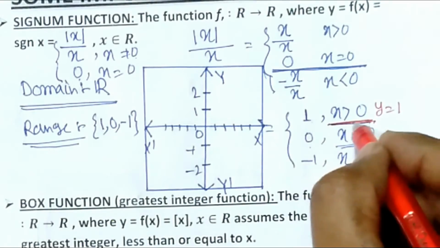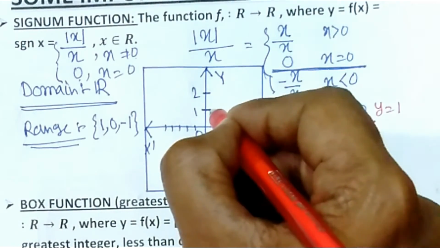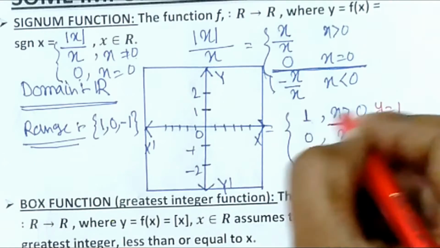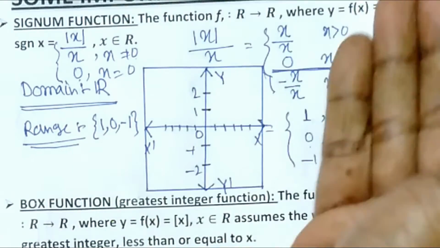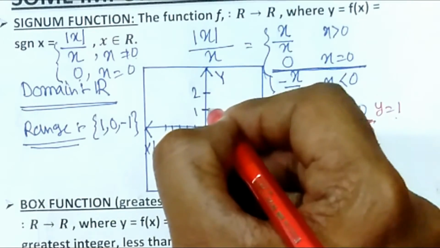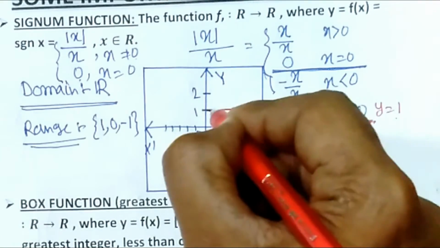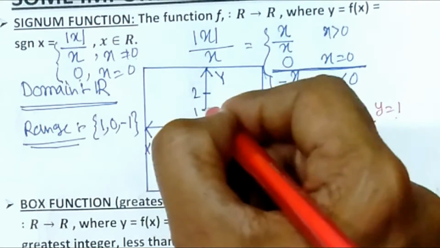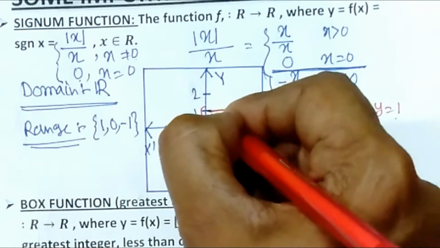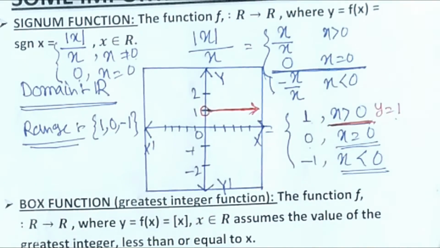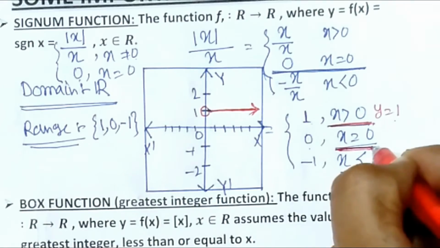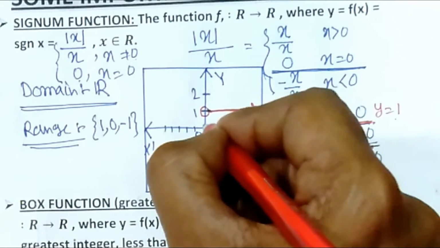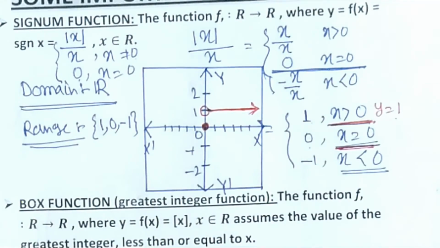So clearly the graph for the positive half of the x-axis will be this line parallel to the x-axis, and clearly here the point 0 is excluded. Why? Because for x equals to 0, the value is 0.